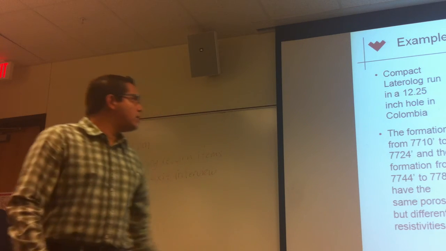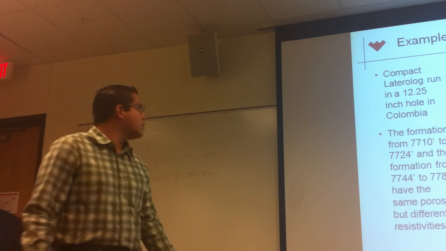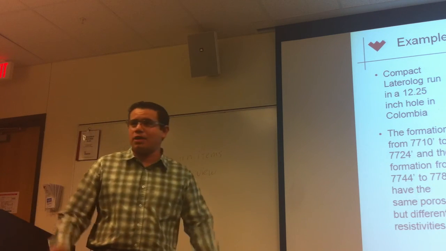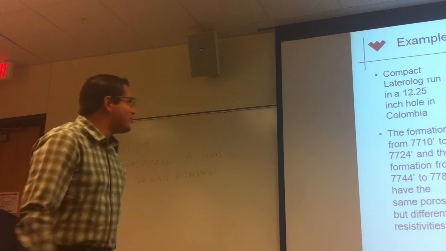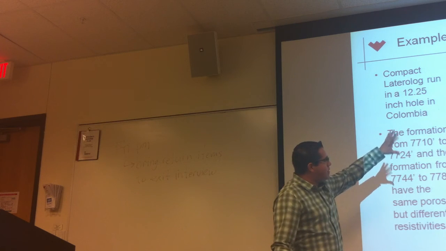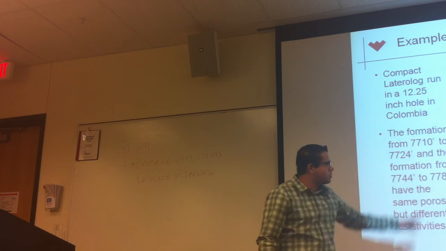In this example log, we ran an MDL, compact dual laterolog, in a 12.25 inch hole in Colombia. What you can see here is that we have two zones, with the gamma ray showing clean zones.